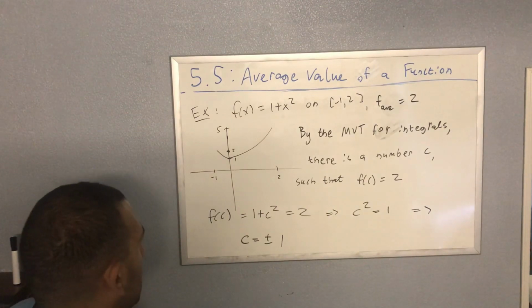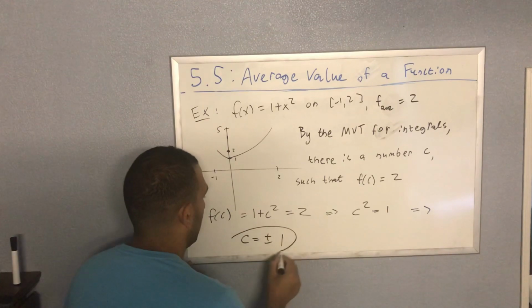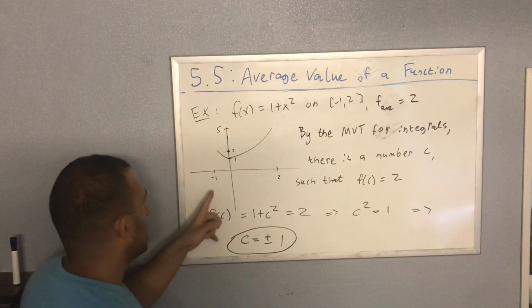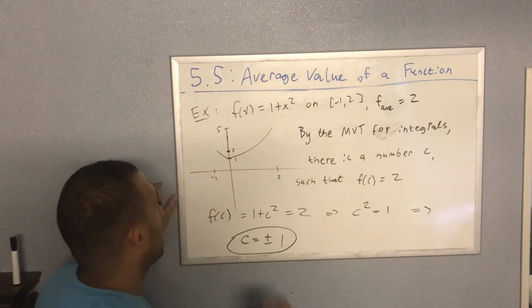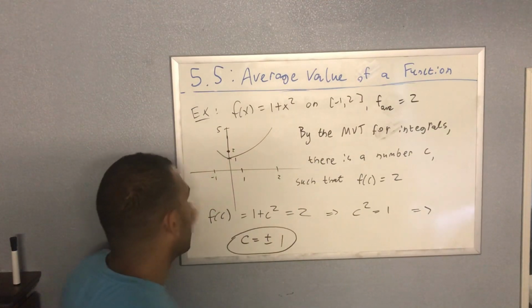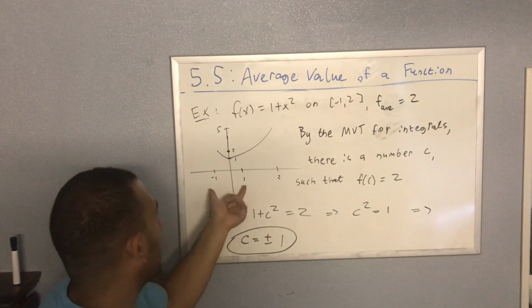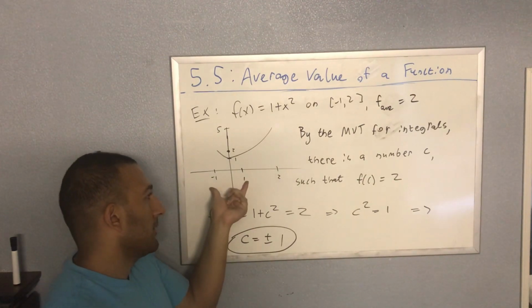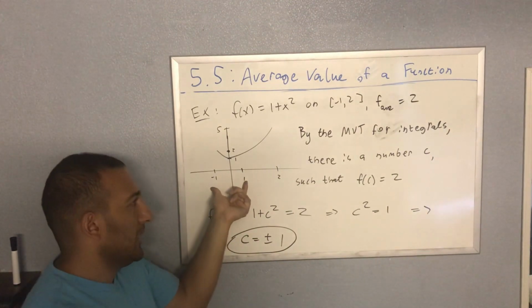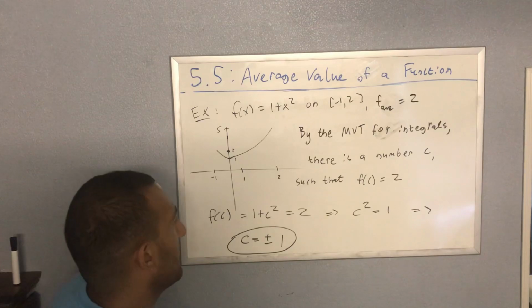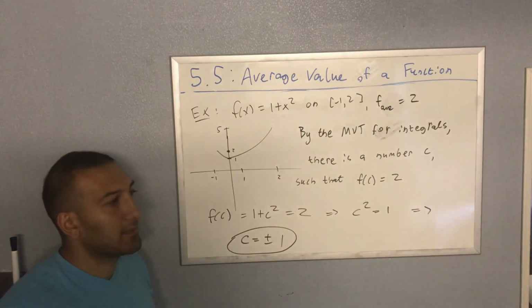These two numbers make this true. And we actually know that. If you stick negative 1 into this function, you get 2 out. And if you also stick positive 1 into this function, you also get 2 out. So these two inputs, when you stick them into the function, do give you the average value. And that's all that the MVT for integrals is basically telling you.